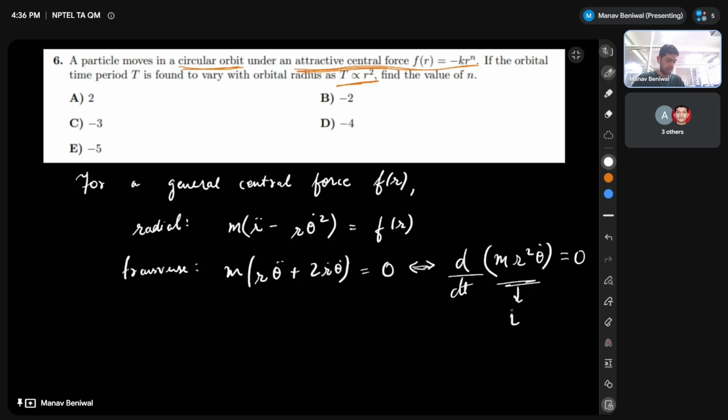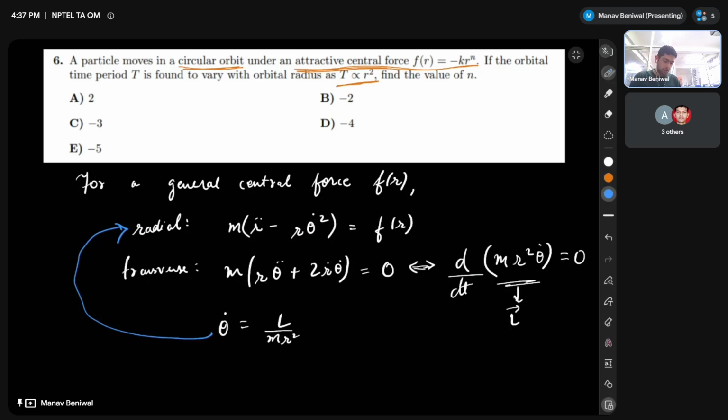So my angular momentum L, which is m r squared theta dot, is conserved. This is all about the central force problem. Using that L is conserved, I can write theta dot as L over m r squared, and then substitute this back into my radial equation.